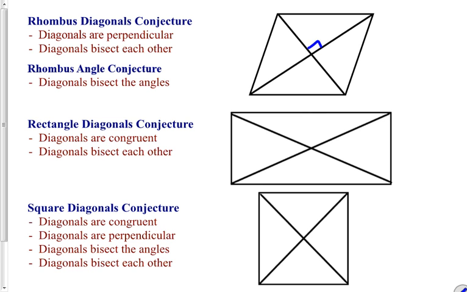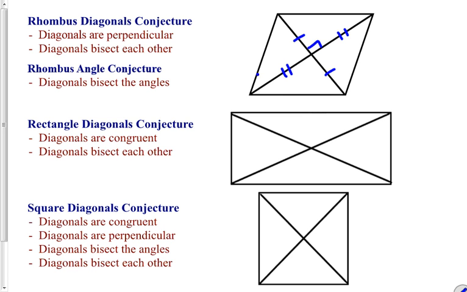Diagonals of a rhombus also bisect each other. Well, this makes sense. A rhombus is a parallelogram, and we saw previously in the video that the diagonals of a parallelogram bisect one another. So we can mark it as such. Next, the rhombus angle conjecture says that the diagonals of a rhombus bisect the angles.